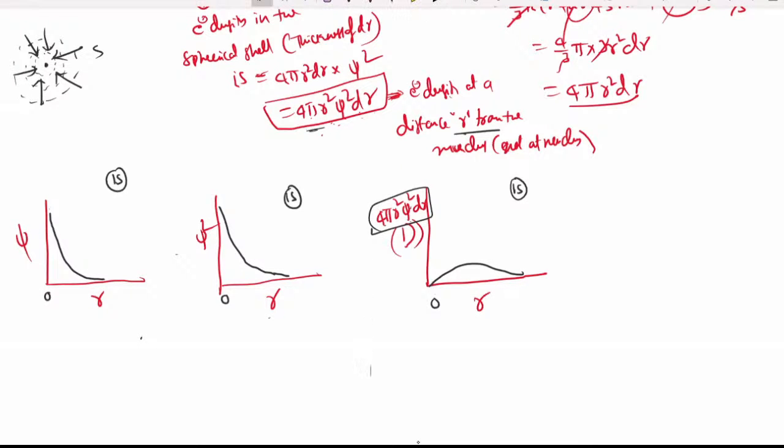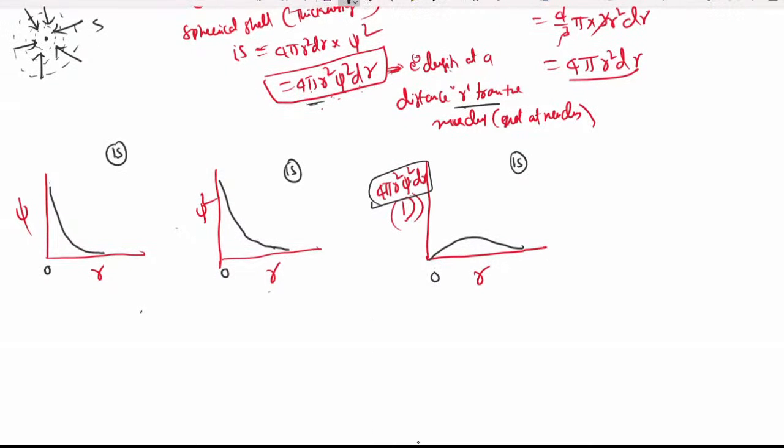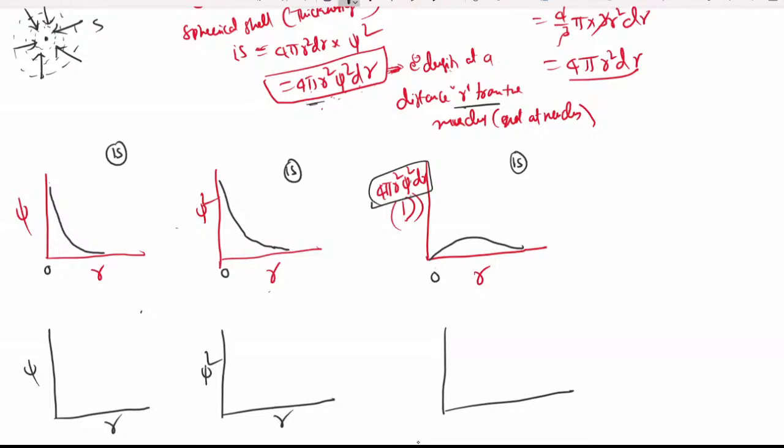Okay, for the same thing, students: psi versus r, psi square versus r, and 4 pi r square psi square dr versus r. For the 2s orbital, I am drawing.